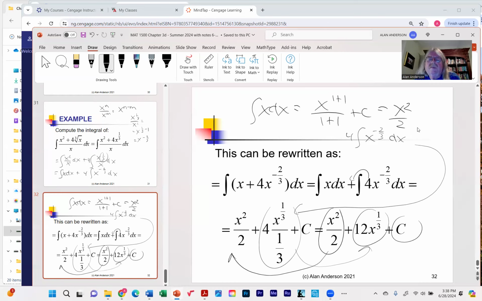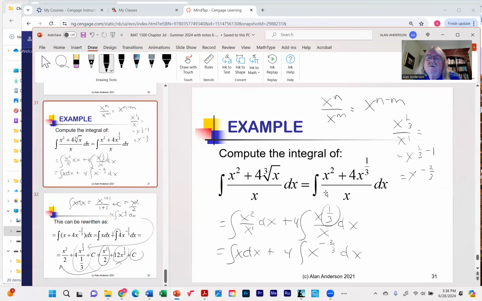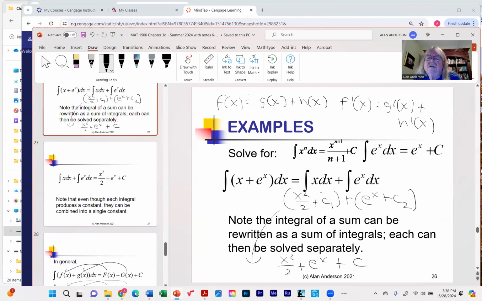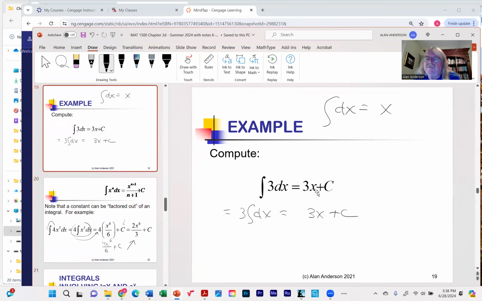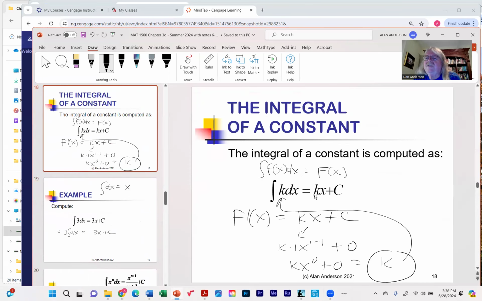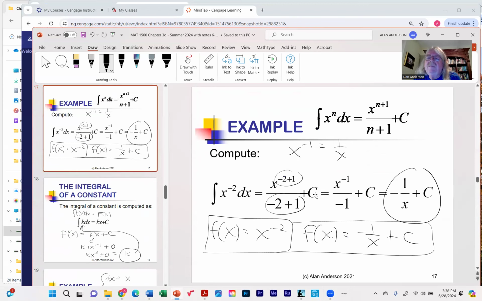Okay, so we basically broke it up into two integrals, and then we applied the power rule to each one individually. So basically, when we're studying integrals, first we have to formally define them. We want to understand exactly what we're doing here. And by the way, it does relate to limits.